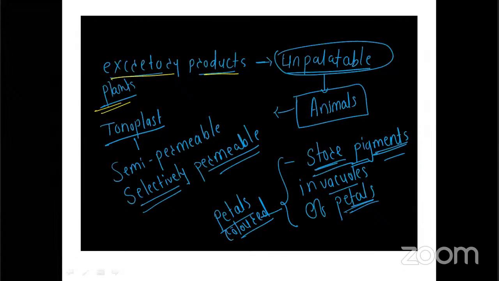This makes these plants unpalatable to the animals. Petals of some flowers also store the pigments in the vacuoles, due to which petals become colored. So color of flower is also due to the presence of the pigments in the vacuoles.